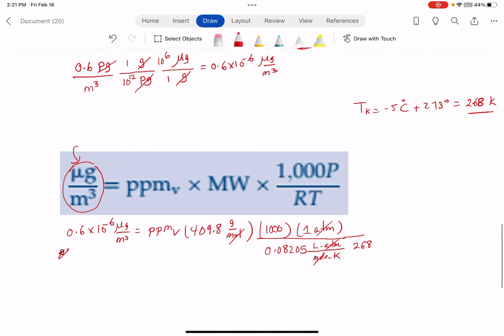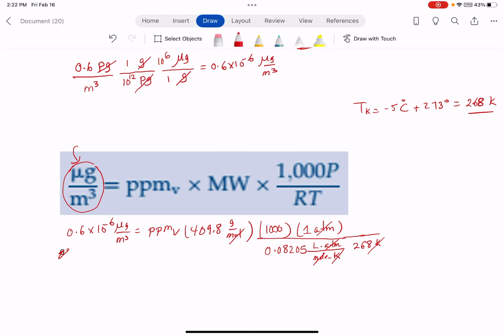So we put 268 Kelvin, and now you have Kelvin cancel with Kelvin, and you will have liter, and of course gram, and then you could just try to figure out a way of canceling out the other parts.